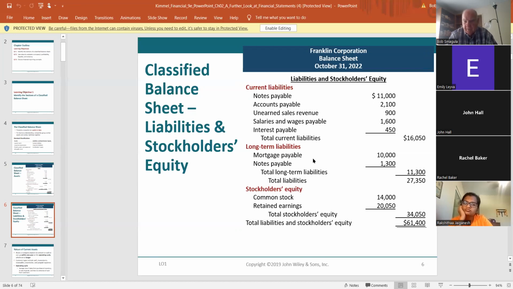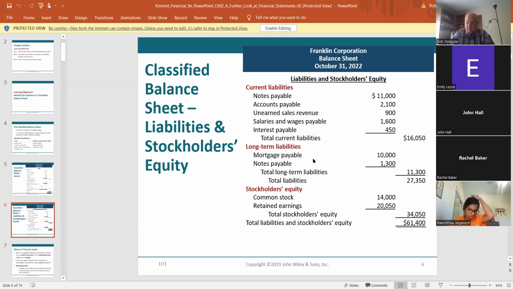You started a company on January 1st. There's no retained earnings there because you haven't earned anything yet. At the end of the year, your company made a profit of $10,000. That profit of $10,000 gets moved into retained earnings. You made a profit of $20,000 the next year, your retained earnings just goes up to 30.